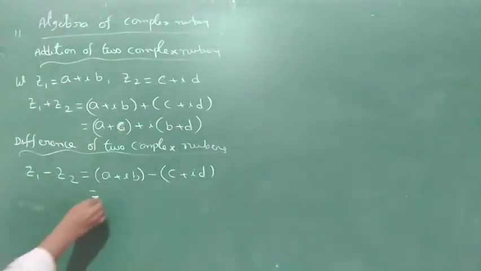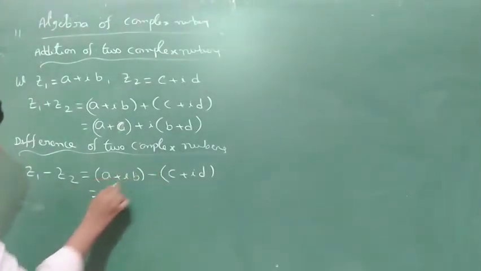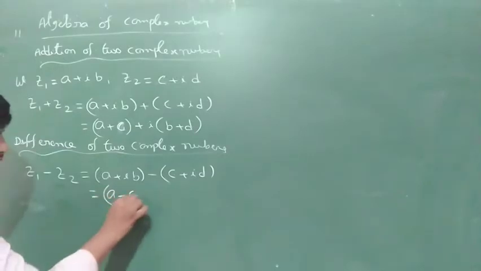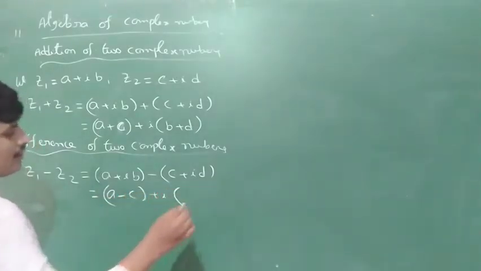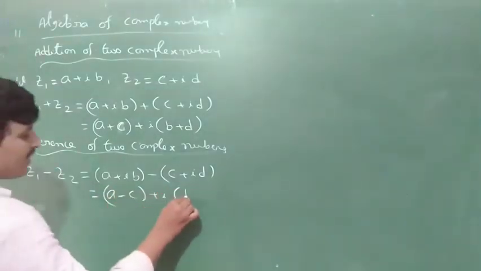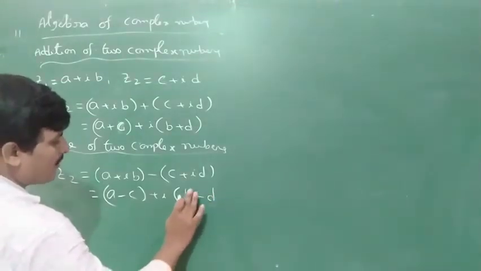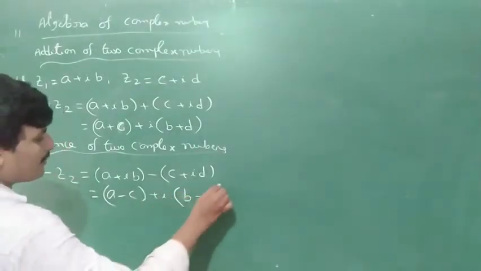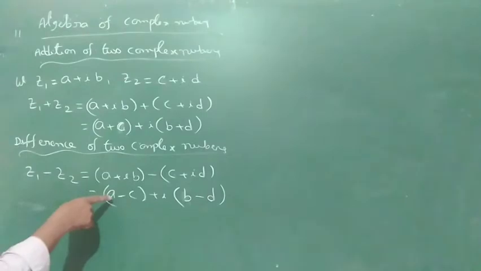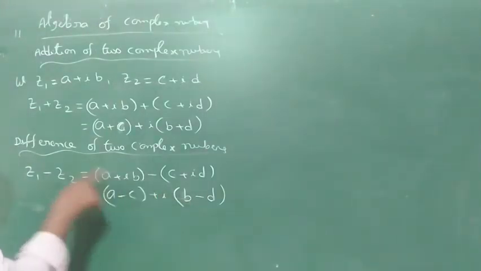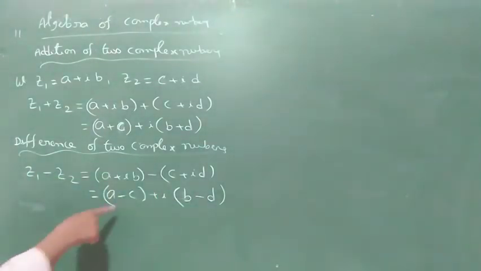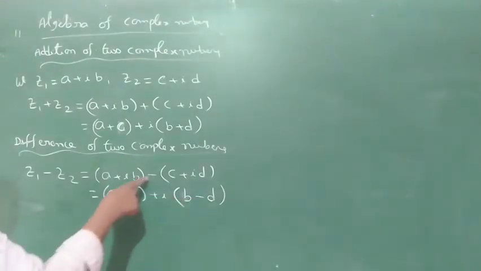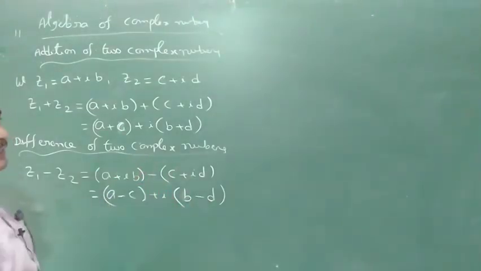So minus means a minus c for the real parts, plus b minus d for the imaginary parts. Here a plus ib, minus, common, c plus id.